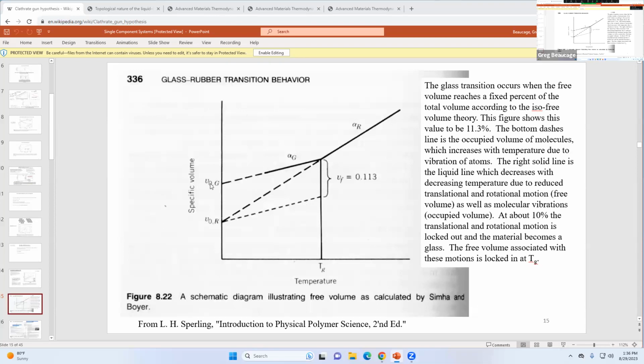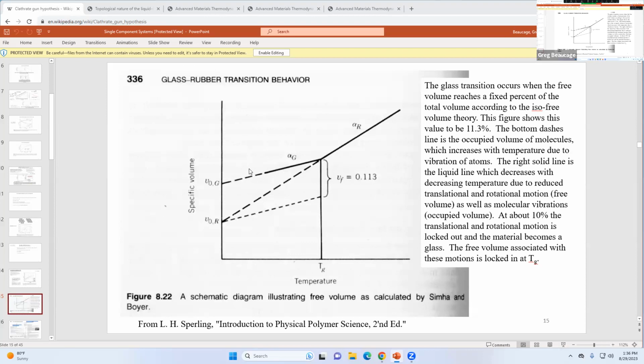It's the difference between that volume and that volume. And like Simha says, it's 11%. When you reach 11% free volume, it becomes a glass. At that point, everything's stuck. So things like the heat capacity change, because they can't move as much, they can't accommodate as much heat. So the heat capacity changes at that point, and the slope of volume versus temperature changes.